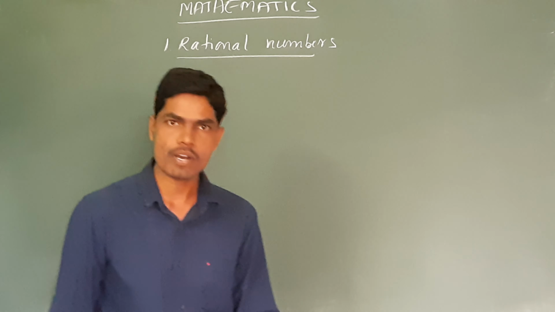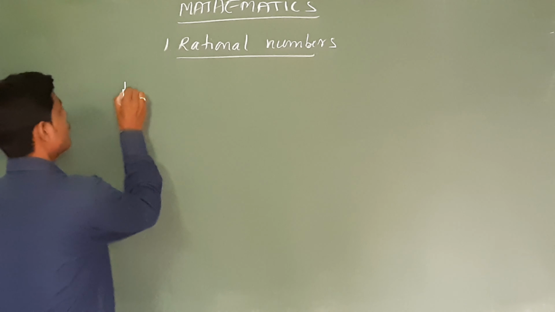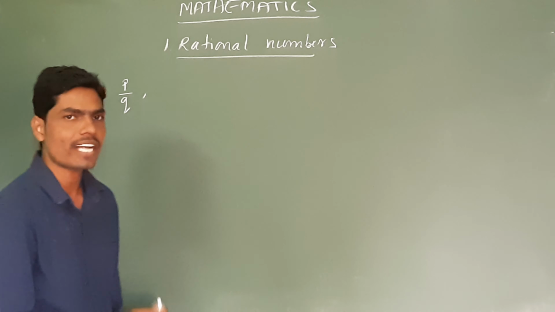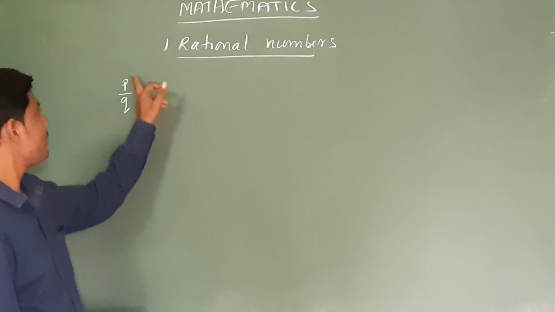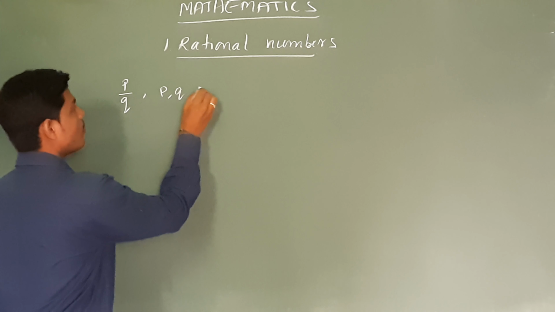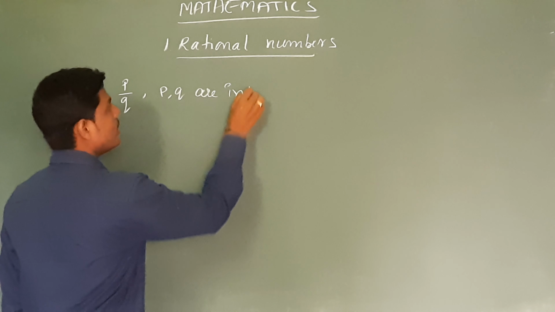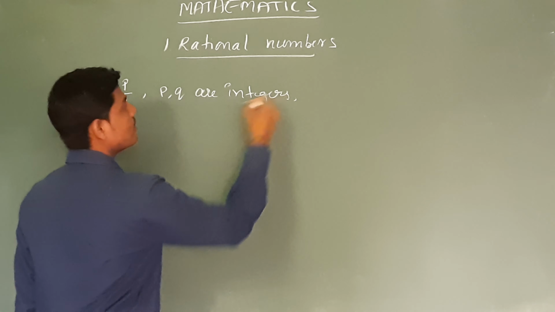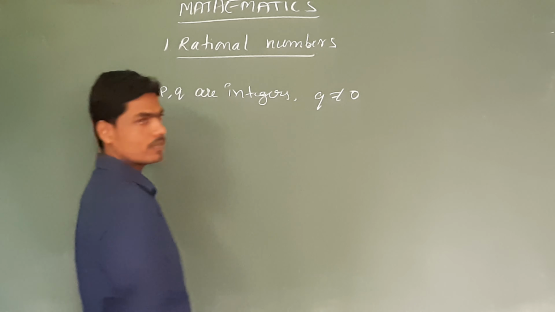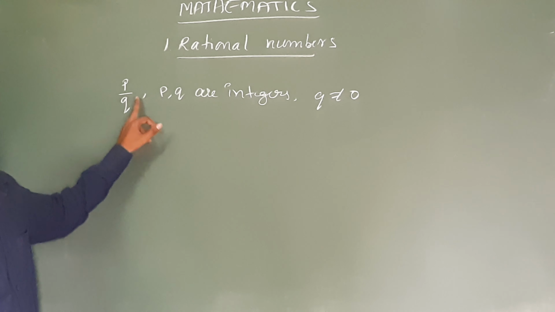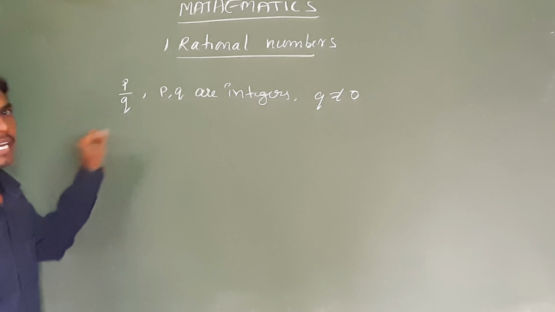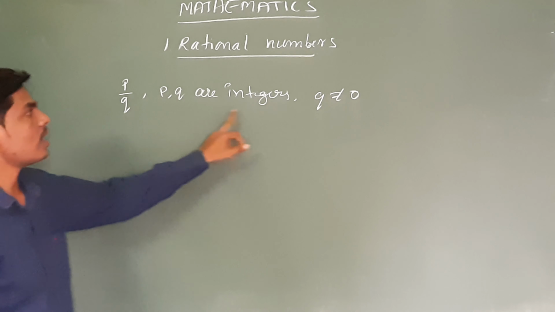P by q means it's a fraction, and p comma q are integers where q is not equal to 0. Here in p by q, p is a numerator, q is a denominator.